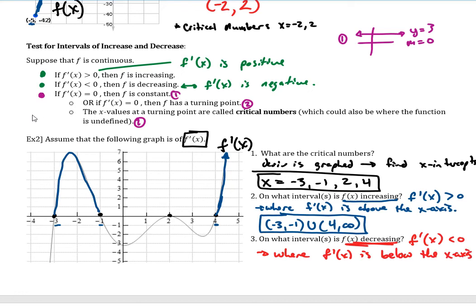Okay, and so where it's below the x-axis, well, again, I'm assuming it's going down there. So below the x-axis, looks like it starts at -infinity and goes to -3. And then from -1 to 2, and I do want to put a break here. So once it touches the x-axis, that means the derivative is 0.